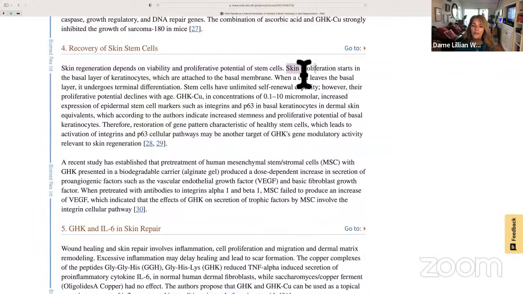This skin proliferation, multiplication, if you want to replace the word proliferation, it's the multiplying and the replacement of, in the basal layers of the keratinocytes, which are attached to the basal membrane. So this is just basically talking about the structure of your cells. We don't need to get into all of that biology. Let's just keep it.